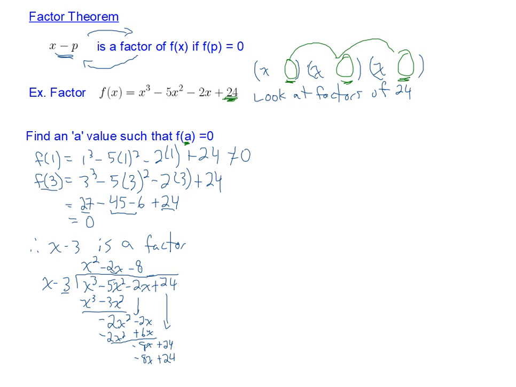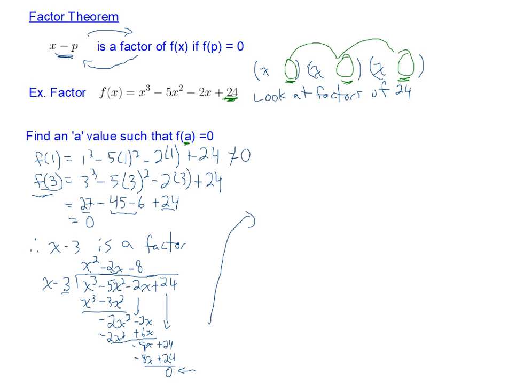Now remember, we said that x minus 3 should be a factor. If x minus 3 is a factor, the remainder here should be 0. If we don't get 0 here, we probably either messed up in our division or we messed up in our calculation back up here when we said that f is equal to 3. All right, what does this mean?